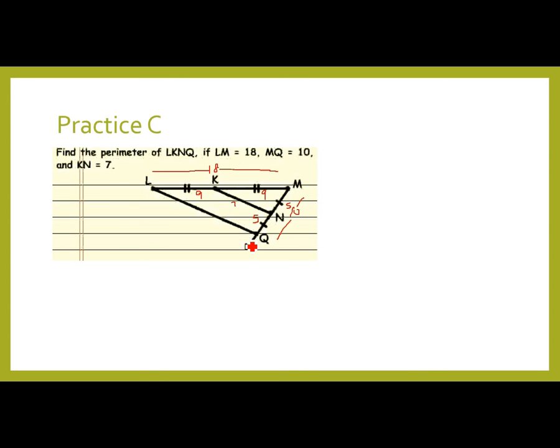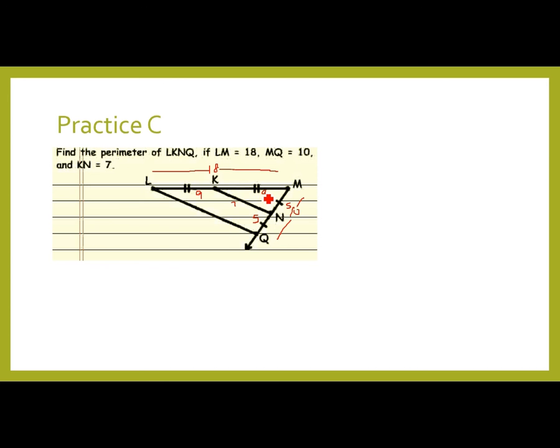But we don't know what this LQ is quite yet. However, remember that when we have these two triangles that are similar, if it splits these so that they're proportional, like this is 9 to 18, this is 5 to 10, so this line that splits a triangle and makes those two segments proportional, then these are also parallel, and these are similar triangles.